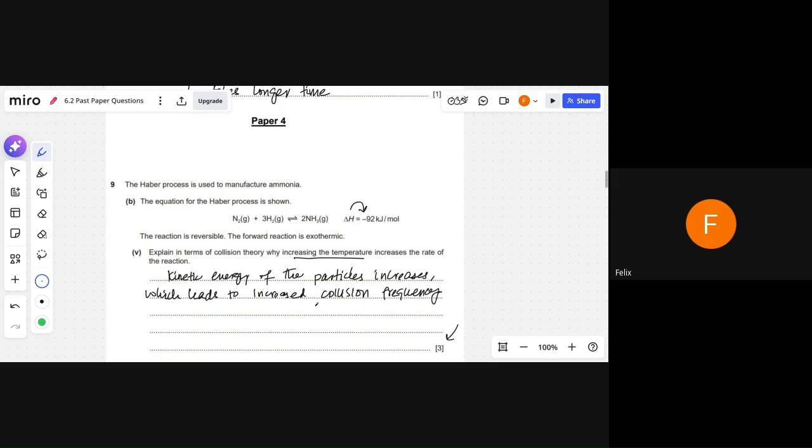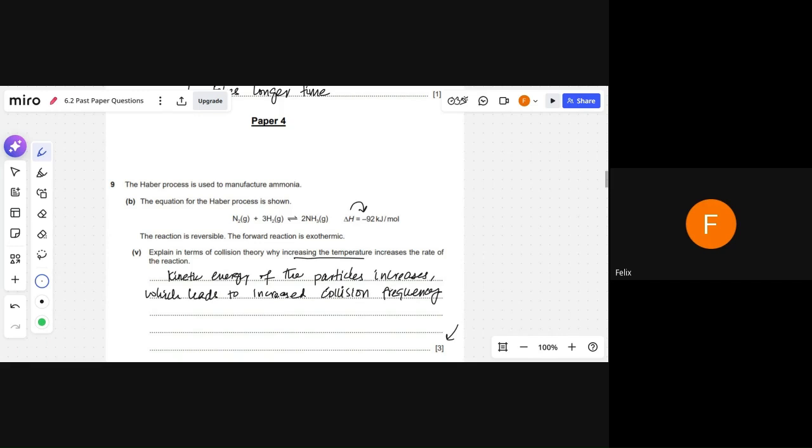So what is meant by collision frequency? The number of collisions per second, they will increase. There will be more collisions in a given amount of time as compared to lower kinetic energy, right? So when we increase temperature, the same amount of particles start colliding with each other more, which is called collision frequency. So when kinetic energy of the particles increases, it leads to increased collision frequency, right?